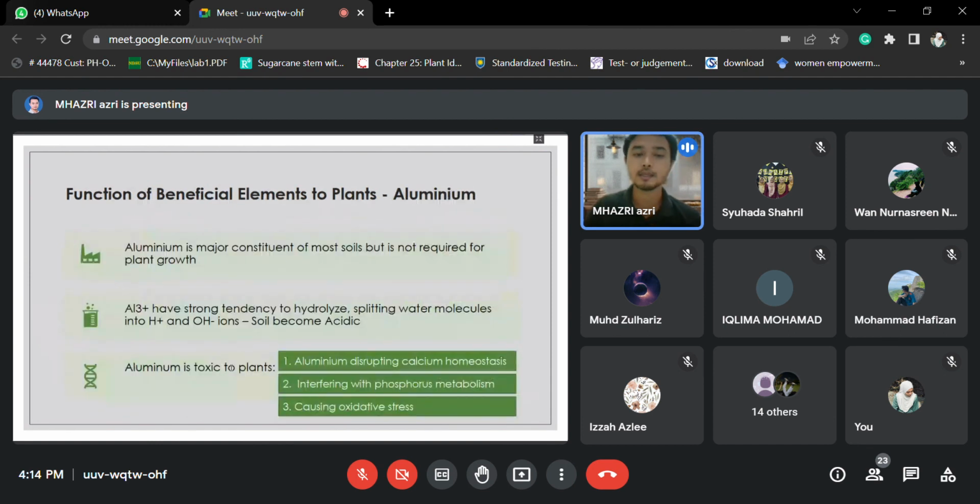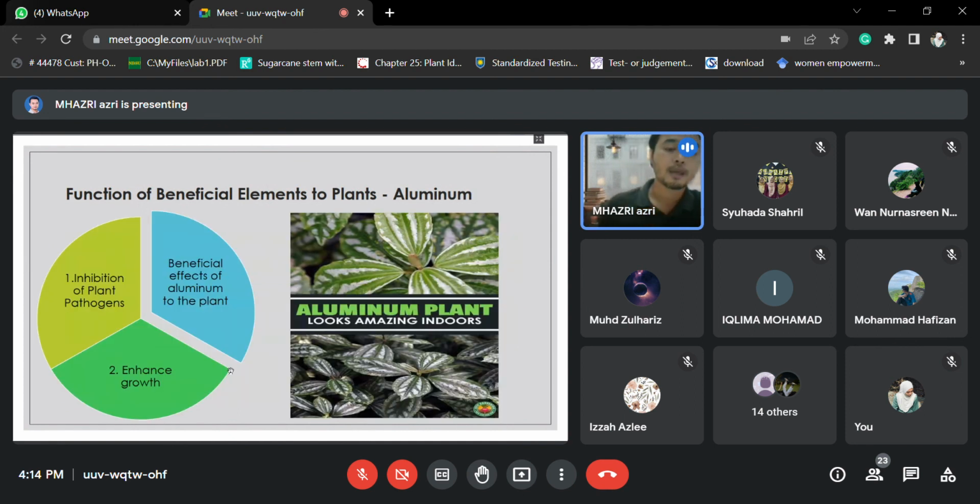Kita tengok dekat sini, aluminium kebanyakannya can cause adverse effect to the plants. So kalau dia menghasilkan adverse effect to the plants, how can it be beneficial to the plants? Aluminium can be beneficial to the plants by inhibiting pathogen attack and also can enhance plant growth.